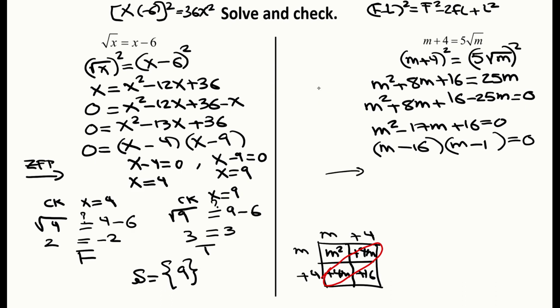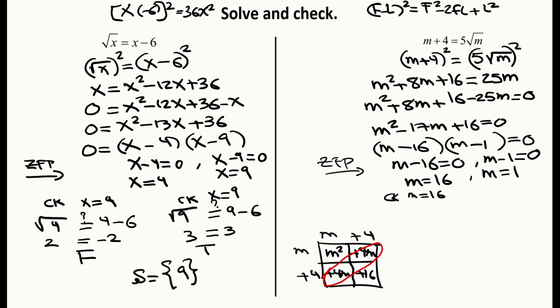Now we're going to go ahead and apply the zero factor property, which says either m minus 16 equals 0 or m minus 1 equals 0. So we get m equals 16 or m equals 1. Now we need to check both because this is an even index problem. So we'll check m equals 16 first.